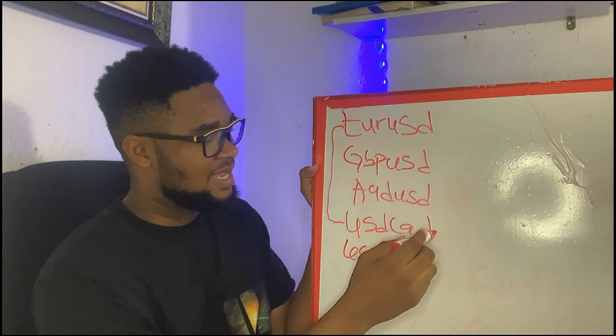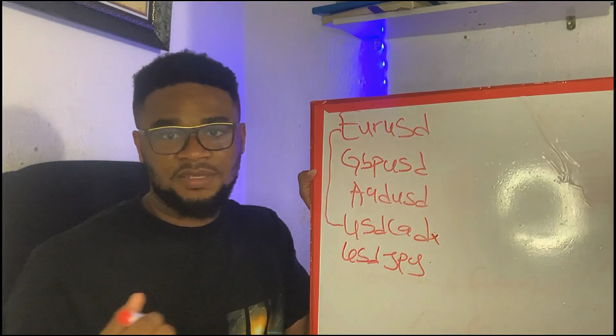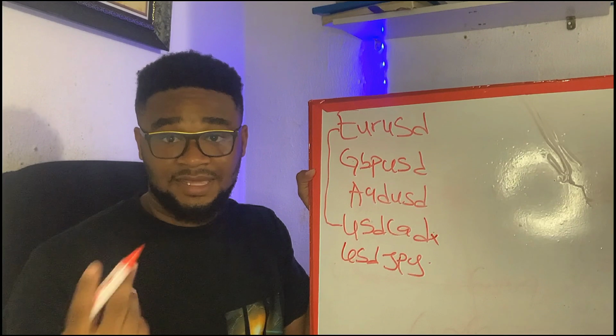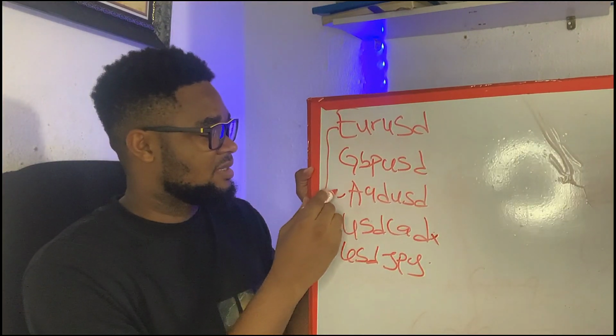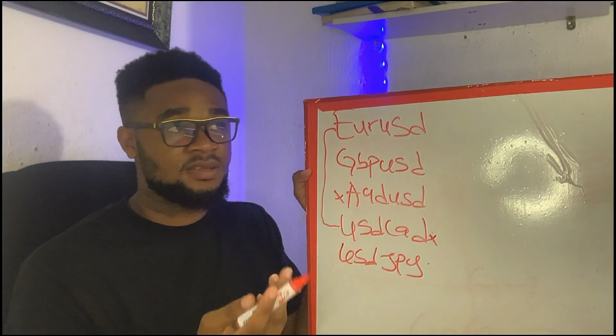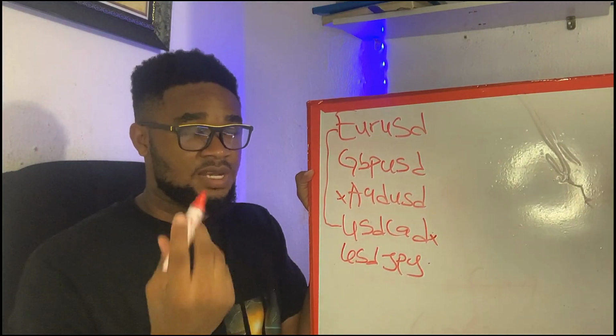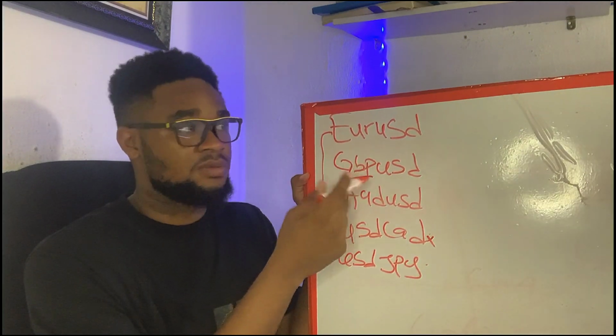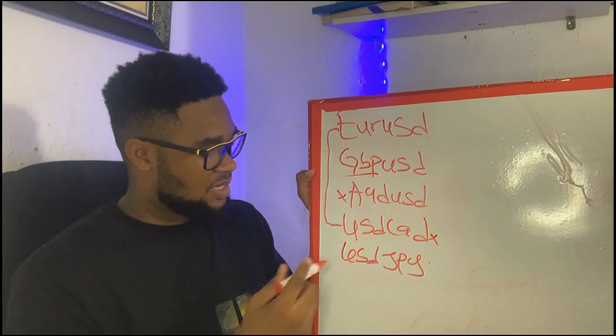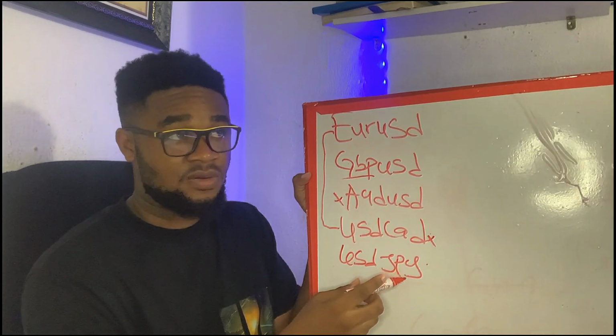The CAD is the currency used in Canada, the Canadian currency. The AUD is the Australian currency. Then this is the Great British pound, and the euro. Then we have the USD/JPY, the Japanese currency.